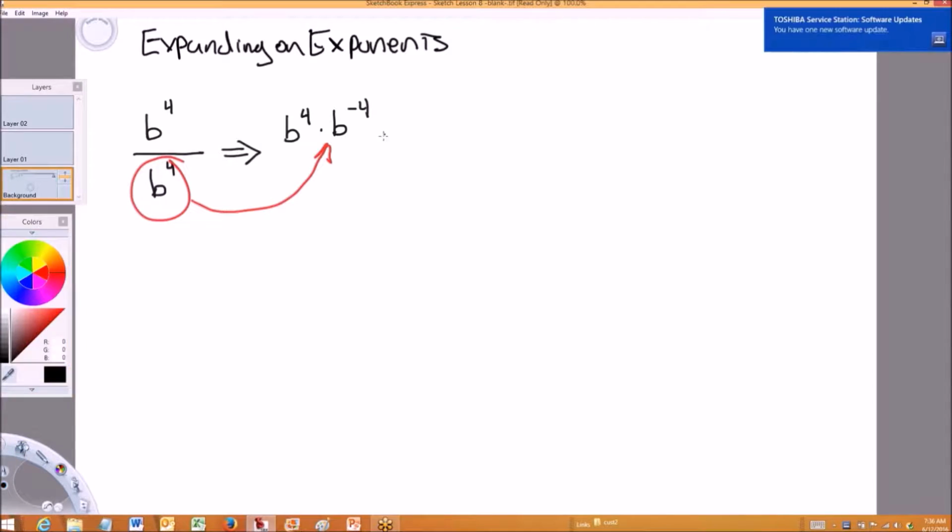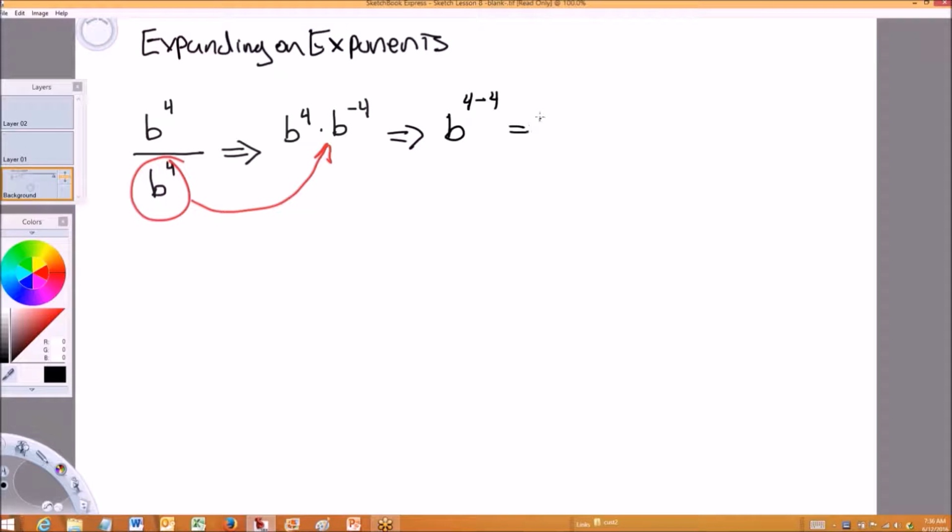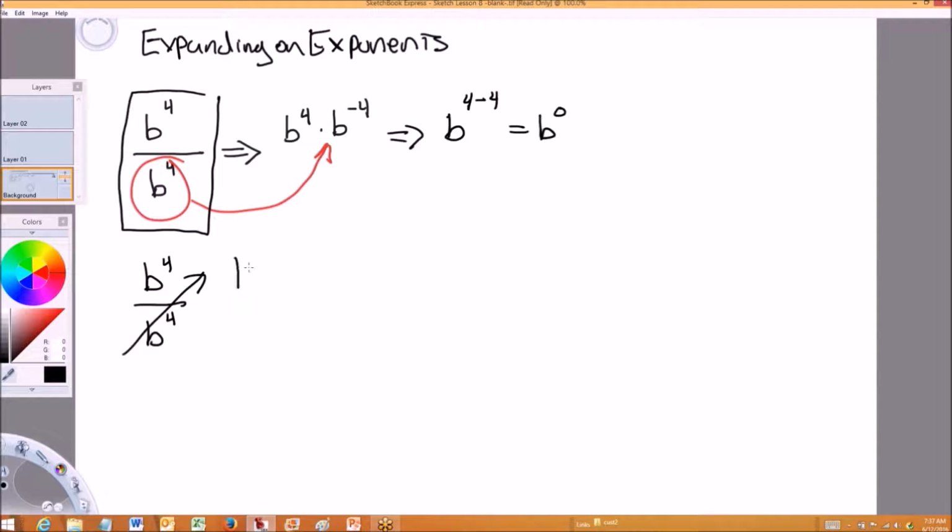Now, note that this means we've got b to 4 minus 4, or b to the 0 power. Take a look at this again. b to the 4th power over b to the 4th power, that's the same thing. That always equals 1, right?